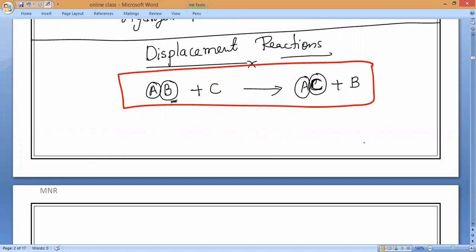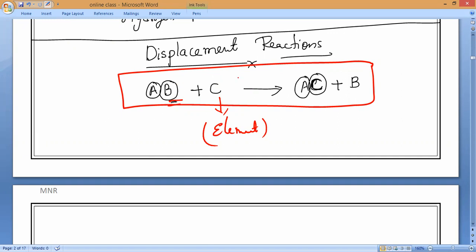This is what we call a displacement reaction. But remember, when a displacement reaction is carried out, the C, which is present as an element, must have the capacity to replace B. Means C is more reactive than B, then only the reaction will be carried out.